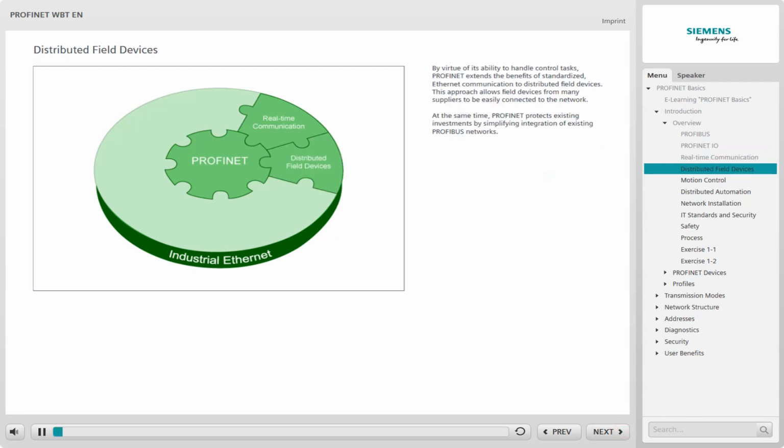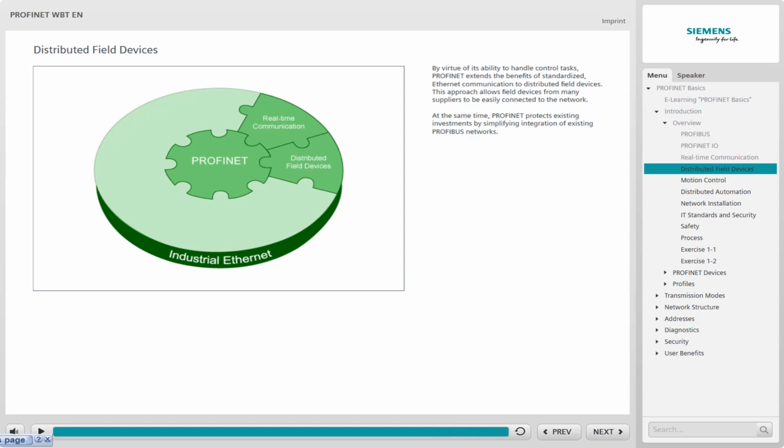By virtue of its ability to handle control tasks, PROFINET extends the benefits of standardized Ethernet communication to distributed field devices. This approach allows field devices from many suppliers to be easily connected to the network. At the same time, PROFINET protects existing investments by simplifying integration of existing PROFIBUS networks.